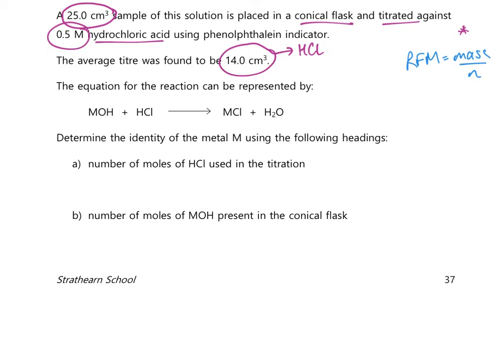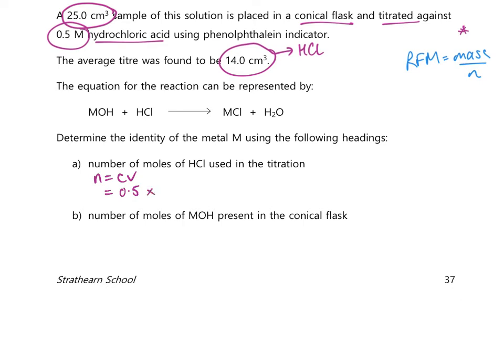It says, determine the identity of the metal M using the following headings. First of all, the number of moles of HCl used in the titration. Remember, all titration calculations start with your average titre of the thing that's in the burette. So number of moles is n equals CV. Your concentration of hydrochloric acid is 0.5.